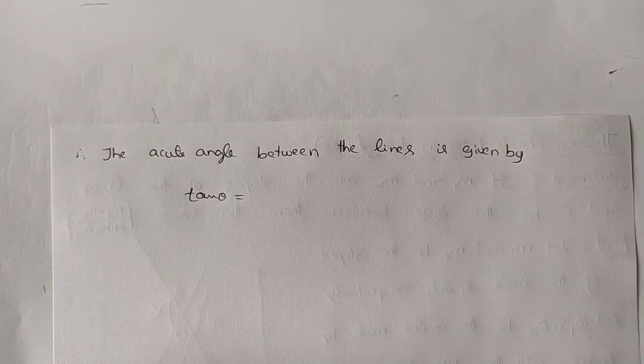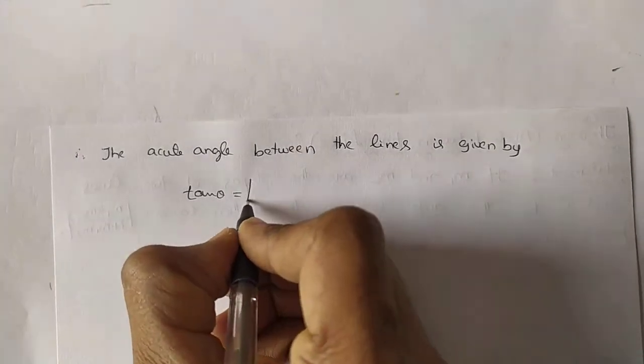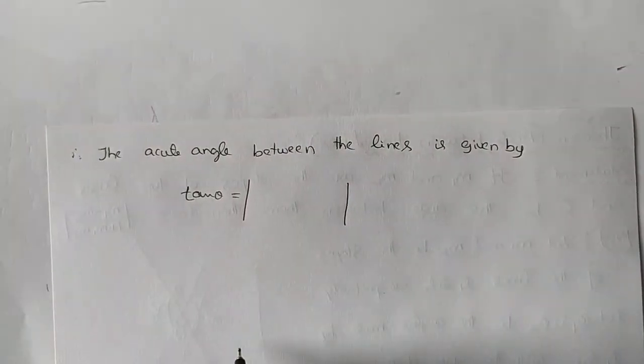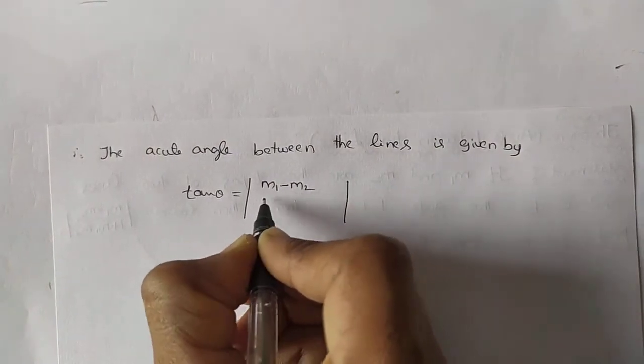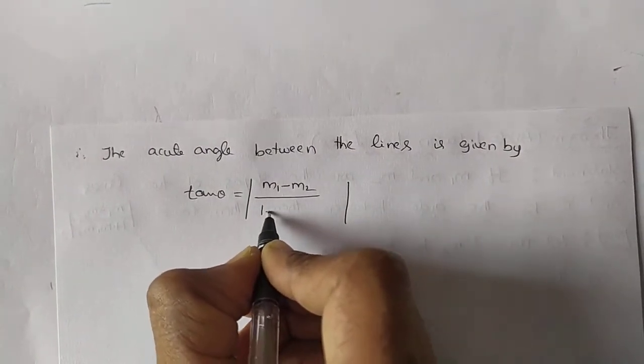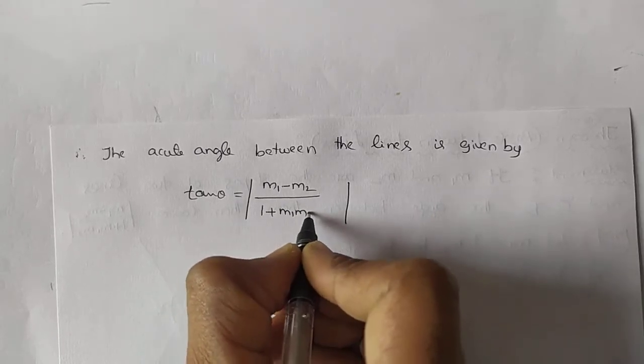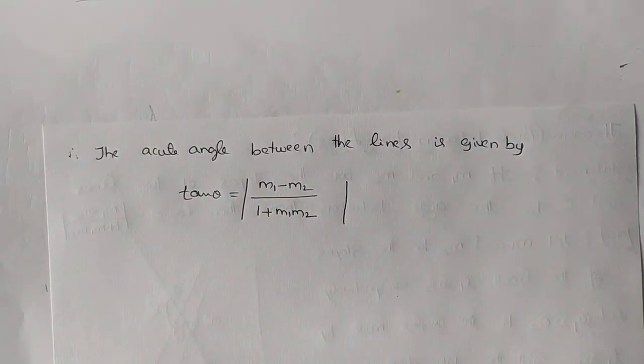If you observe, the first case has plus, the second case has minus. Instead of writing plus or minus, we just put modulus of m1 minus m2 divided by 1 plus m1 m2. Hence it is the proof.